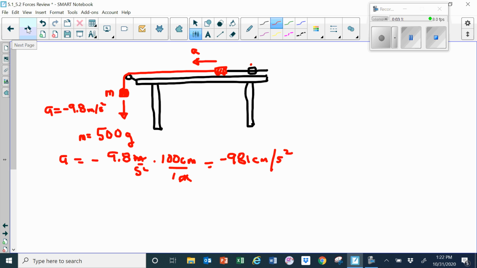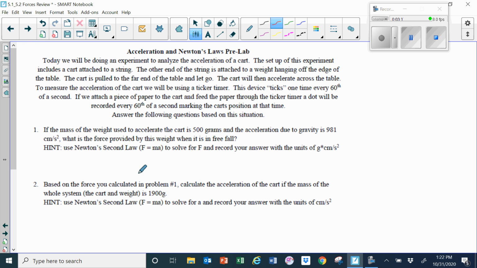These are my givens: the mass is 500 grams, and the acceleration is minus 981 centimeters per second squared, downward. I want to find out the force provided by the weight when it is in free fall.